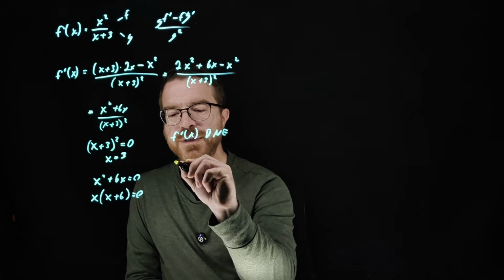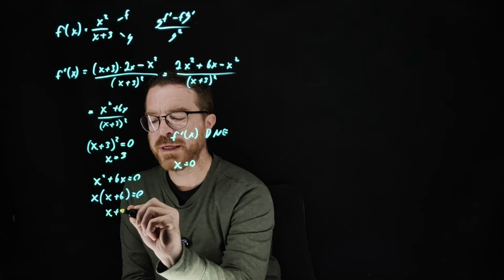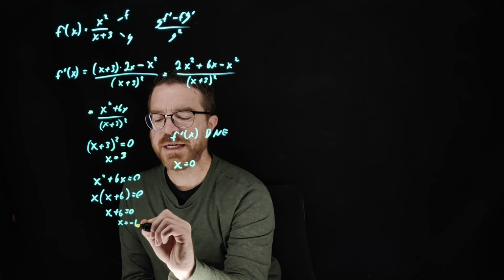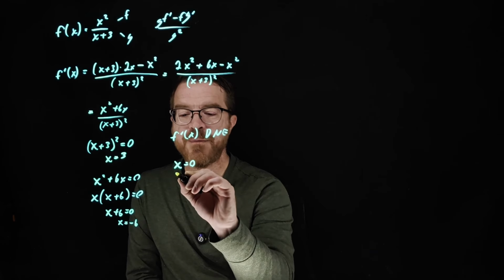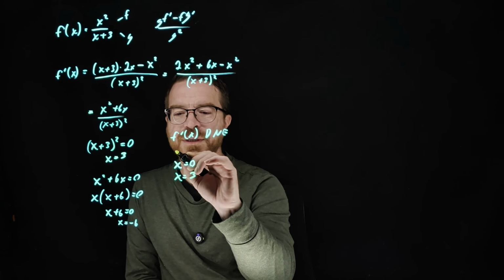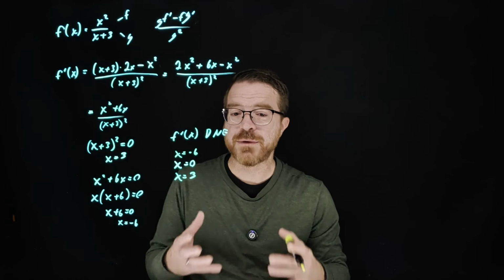So one of our answers is going to be x equals 0. And then we also have x plus 6 equals 0, which means one of our values will be when x equals -6. So in total, our values are x equals 0, x equals -3, and I'm going to put it in order, so I'm going to put this one up top, x equals -6. These are the critical values for this problem.